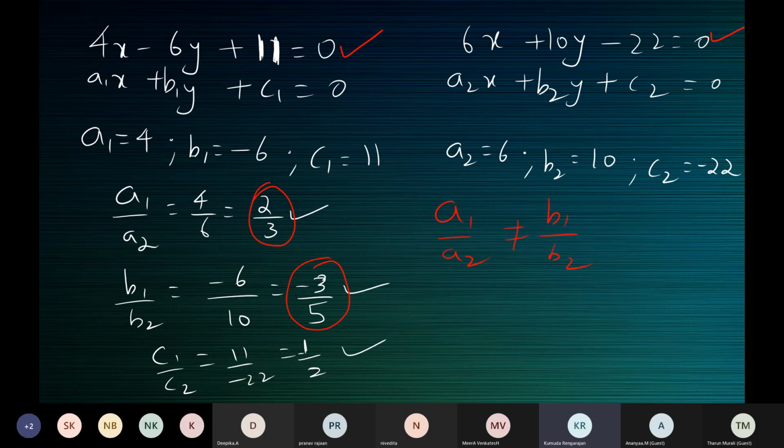Just by comparing the ratios, we are able to interpret the nature of the lines, whether they will be parallel, intersecting, or coincident. When A1 by A2 is not equal to B1 by B2, the two lines are intersecting lines.